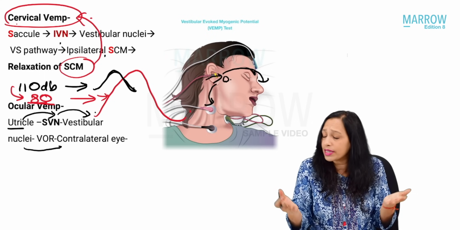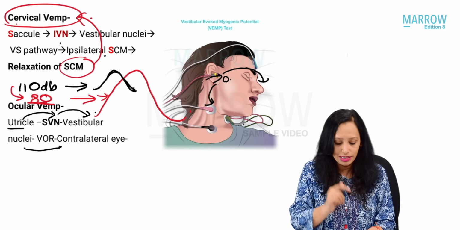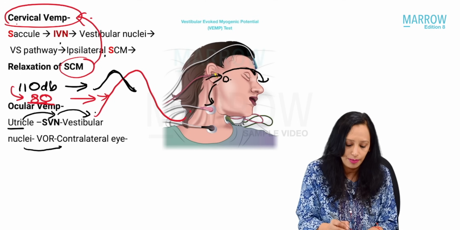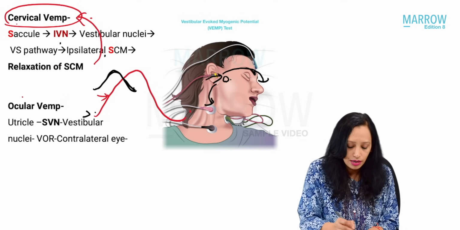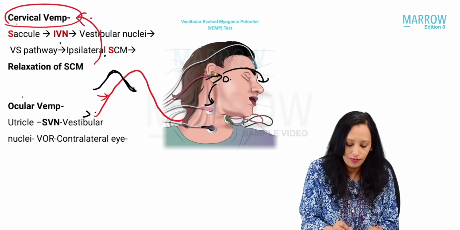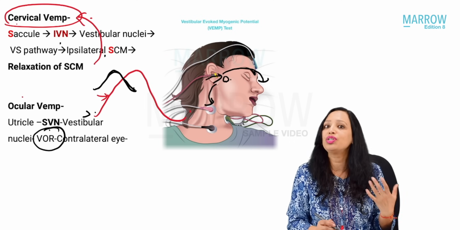It is a reflex like this. So eyes also close at the same time whenever there is a loud sound. That is mediated by the ocular VEMP, and ocular VEMP is actually not a vestibulo-collic reflex, it is a vestibulo-ocular reflex. So this is what you need to know in VEMP.